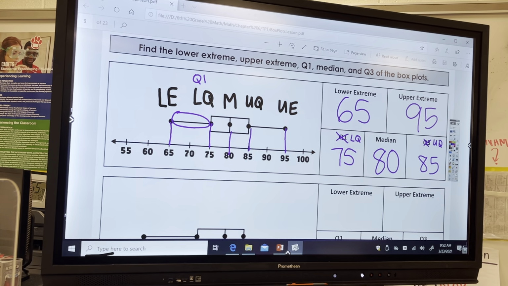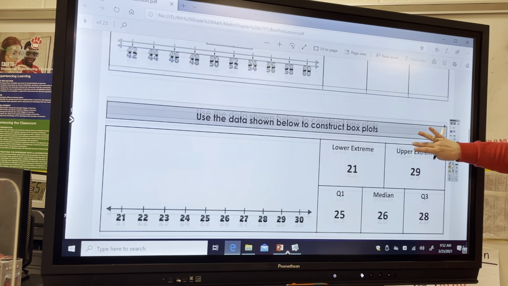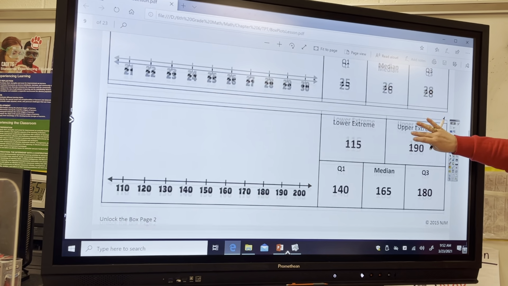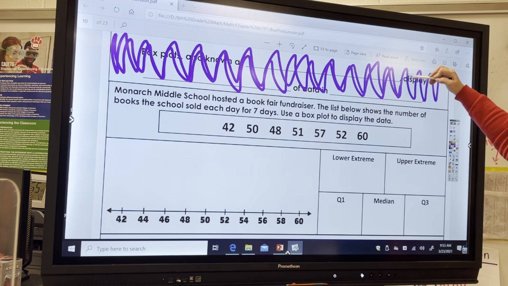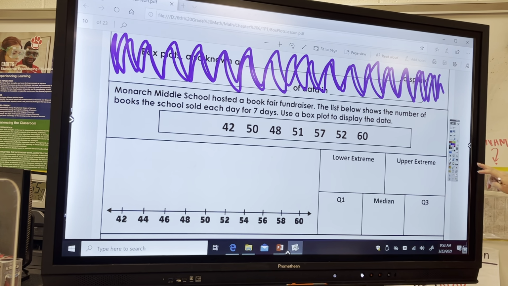All right, so let's look at your paper. And your paper should look like this. And remember, this part right here we're not doing, so mark that part all out if you haven't already. We're not doing that fill in the blank part, so mark it out. And let's look at this first set of data.